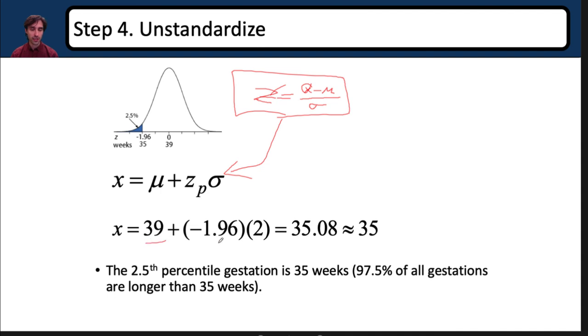So we have the mean of 39, and we looked up our z-score right here, and then our standard deviation of 2 weeks. So it's 35. So what is this saying? It is that the 2.5th percentile gestation is 35 weeks, because what we found is just this tiny little amount right here. Only 2.5% of the normal distribution is less than 35 weeks.